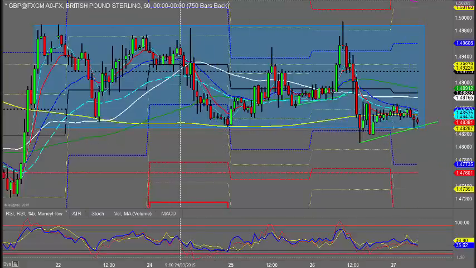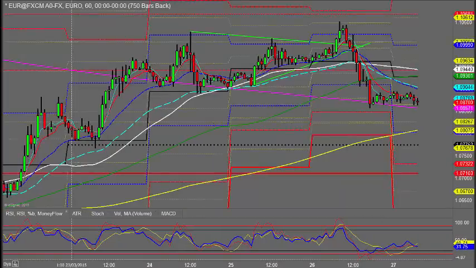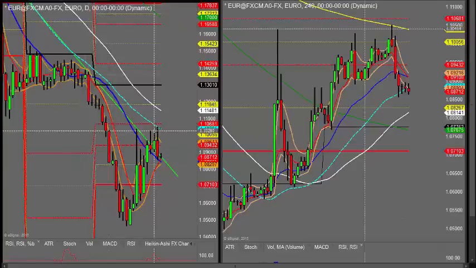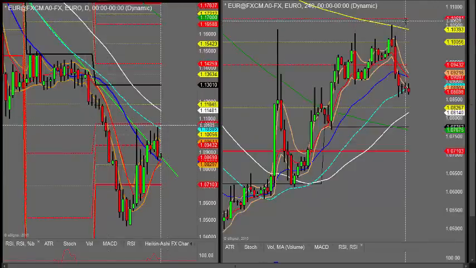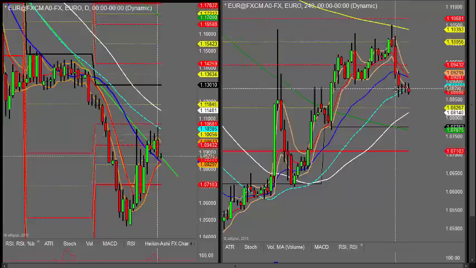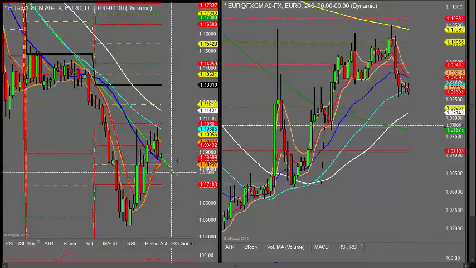Now the euro was in a bit of a trend, but it seems to have run into the daily 34 moving average. The 4 hourly 200 sold off and put in quite bearish candles since then. Consolidation phase at the moment.